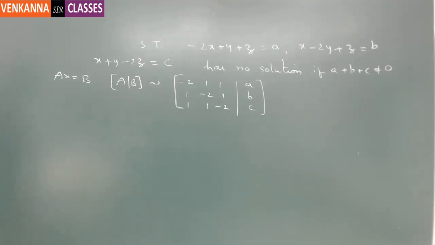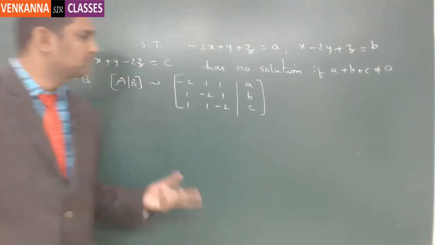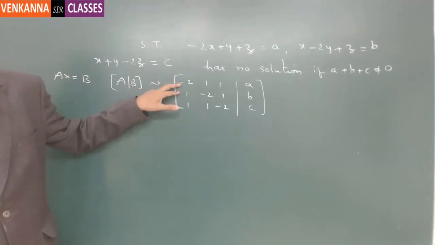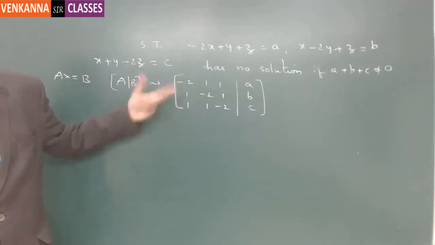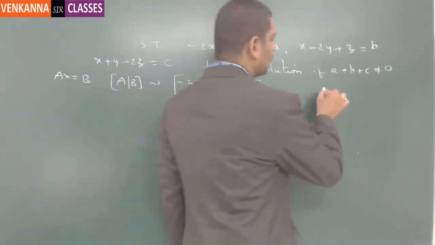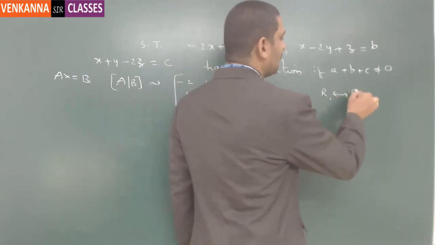For computational convenience, in order to do the row operations conveniently, we can shift any two rows, either R1, R2 or R1, R3. Suppose I have interchanged R1 and R3.